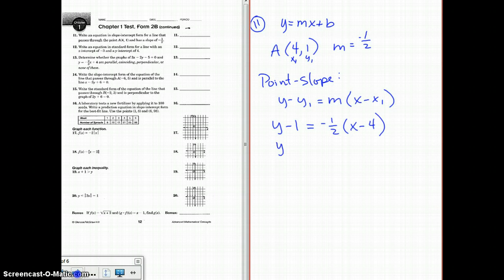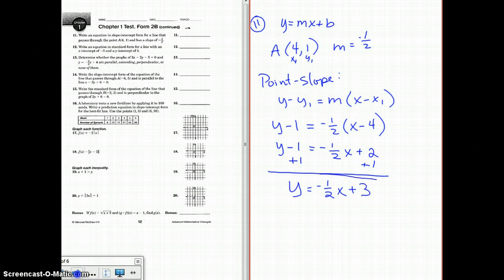I need to simplify. Y minus 1 equals -1/2 x plus 2, and then add 1 to both sides, and you get y equals -1/2 x plus 3, and that's your slope-intercept form for number 11.